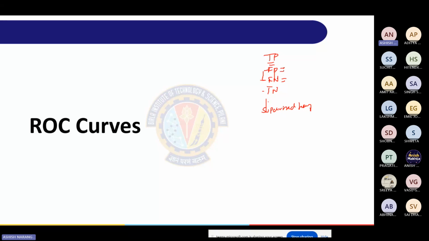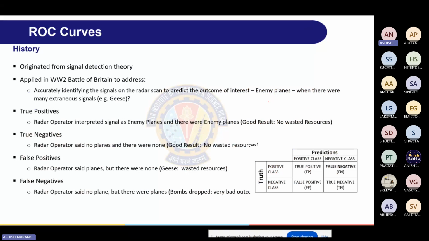Now, another interesting thing that we cover is ROC curves. ROC curves depend on two aspects: true positive rate and false positive rate.